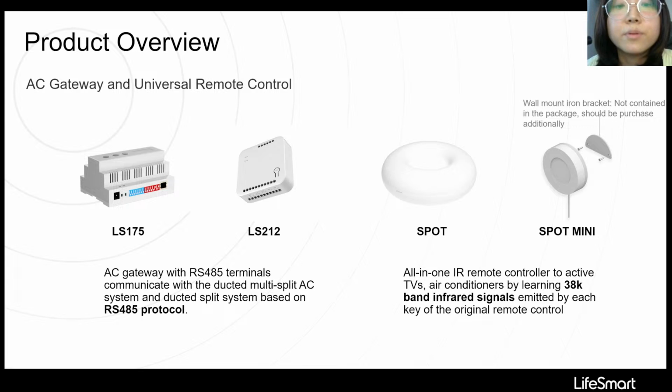And the second type, the infrared universal controller. With the controller, it can control the air conditioners by learning the 38K band infrared signals emitted by each key of the original remote control.